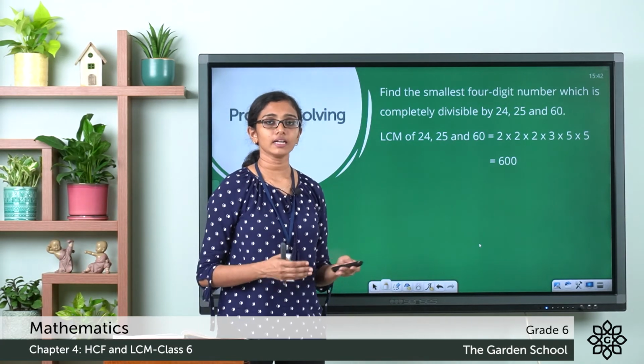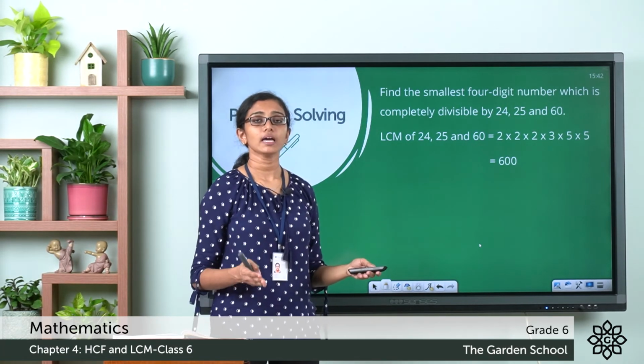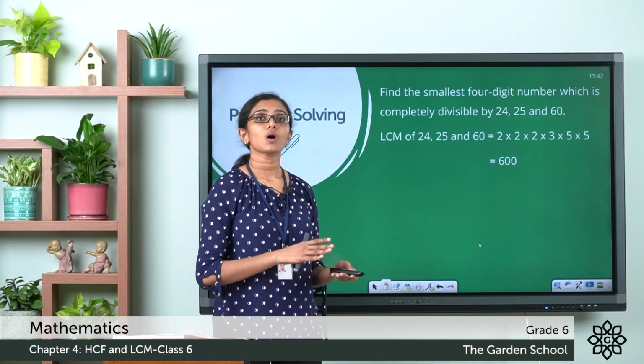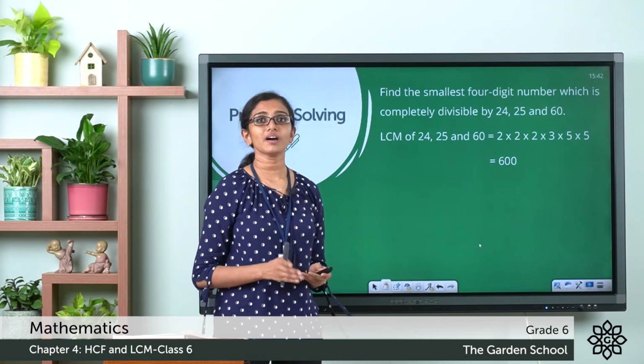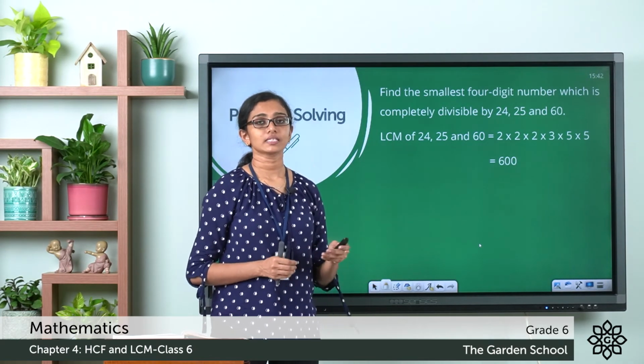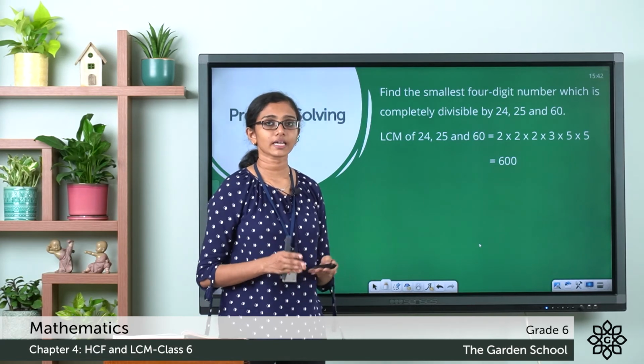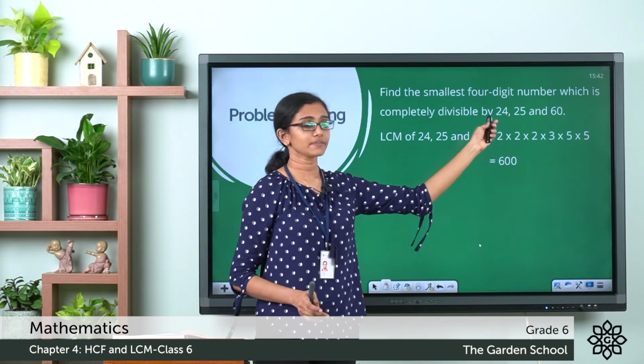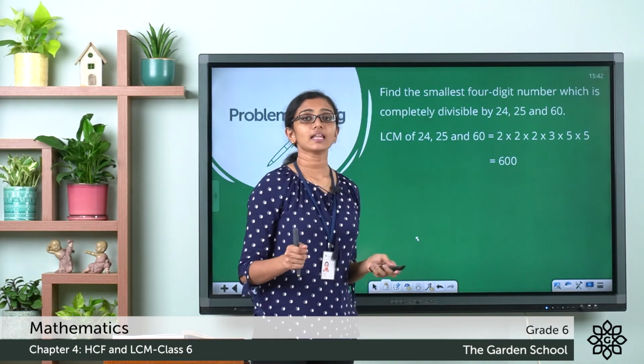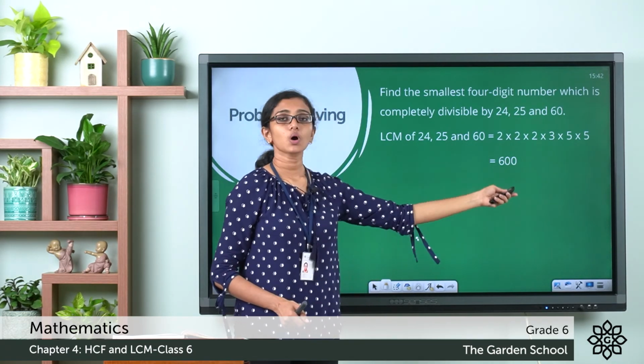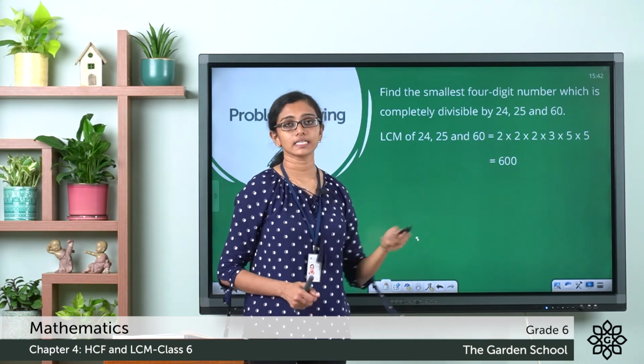And we have learned that if one number is divisible by another number, then all the multiples of that first number will also be divisible by the second number. So if that is the case, if 600 is exactly divisible by these three numbers, then the multiples of 600 will also be divisible by these three numbers.